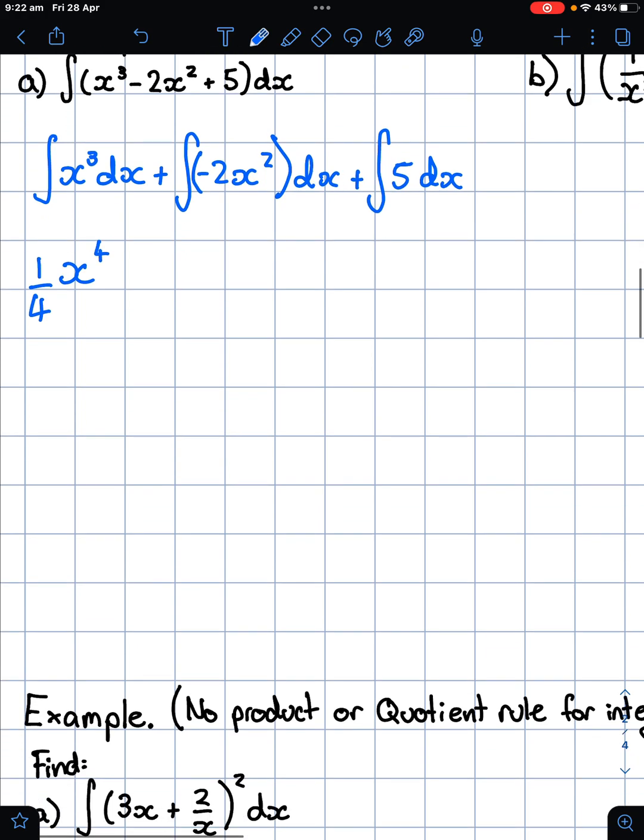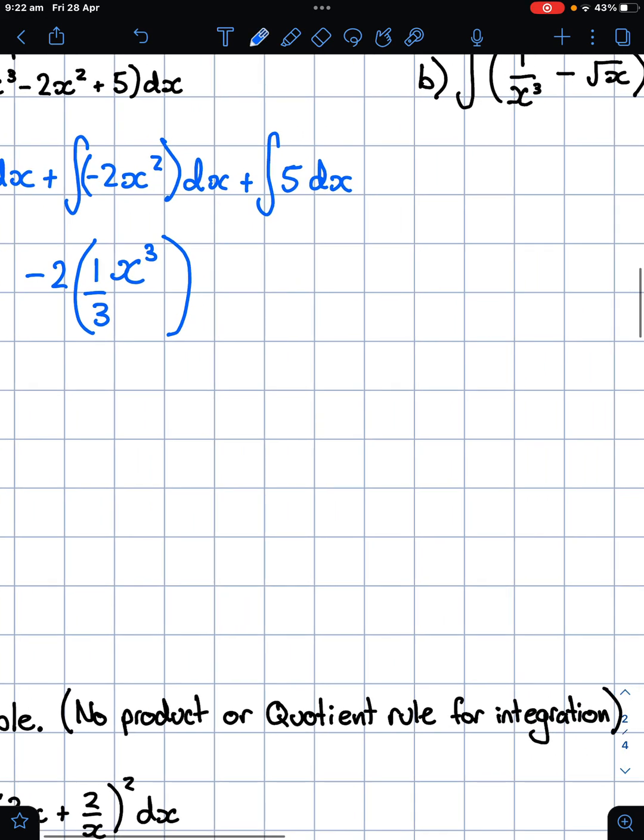Our next one here is going to be take 2, so that's our constant there. I'm just going to leave that out the front. And then we're going to have n plus 1, n being 2, this is going to be x to the 3 all over 3. Or maybe I'll write it in the notation we've done. It doesn't really matter. That would be 1 over 3 like that. And then plus 5 is just a constant, so it becomes 5x.